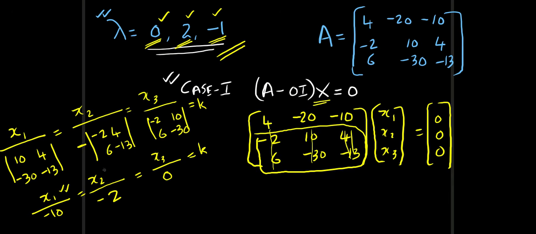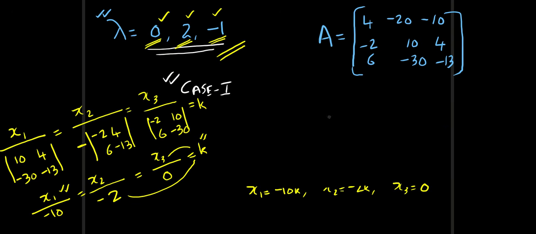Now equate this and this, and then this and then this. So I'm going to get x1 is equal to minus 10k, x2 is equal to minus 2k, and x3 is equal to 0. So the required eigenvector capital X1 is equal to minus 10k, minus 2k and 0.